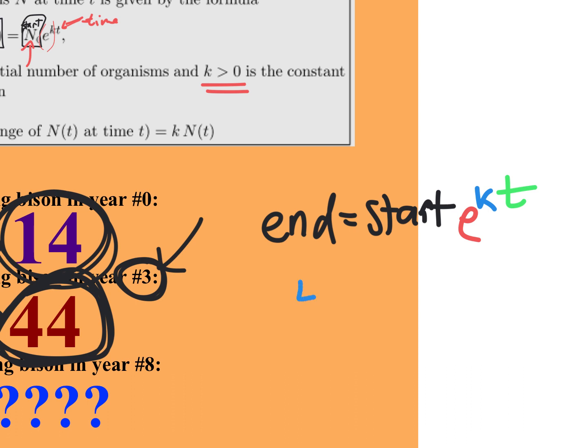So I say 44 equals 14 times e, don't know e, but actually I do know e. I just write e instead of 2.718, and the k is unknown. And the t is how long so far? 3 years. And you'd look kind of silly if you said k3. 3k is the way a normal person would say that.